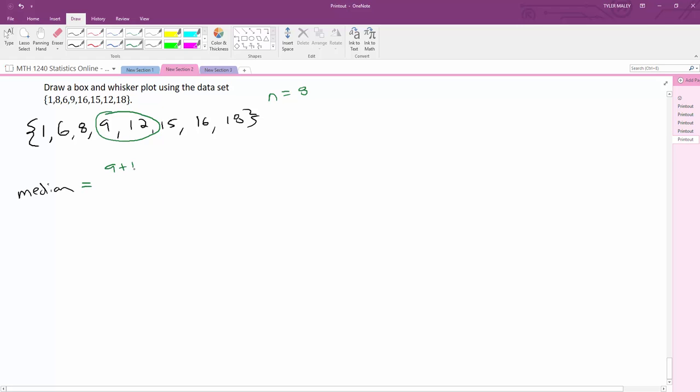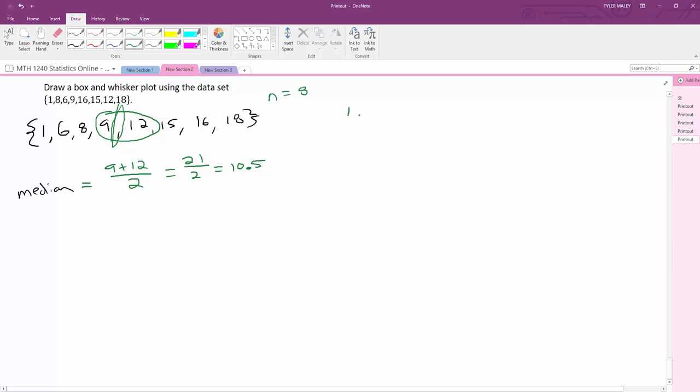So I want to find the number right in the middle of 9 and 12, right? So I add them and divide by 2. So 9 plus 12 is 21, right? And then if we take 21 and divide by 2, we get 10.5. Right, so my median is 10.5, right?